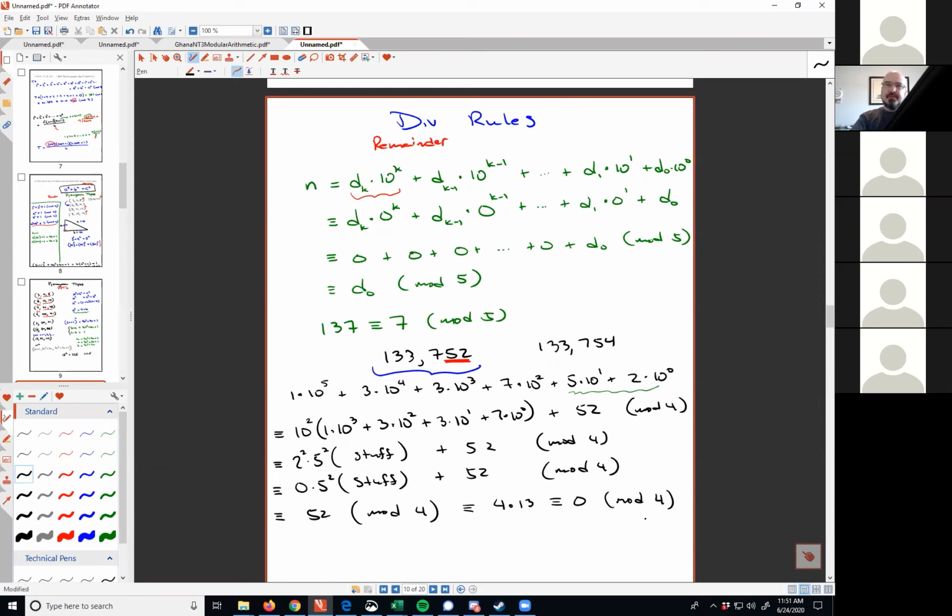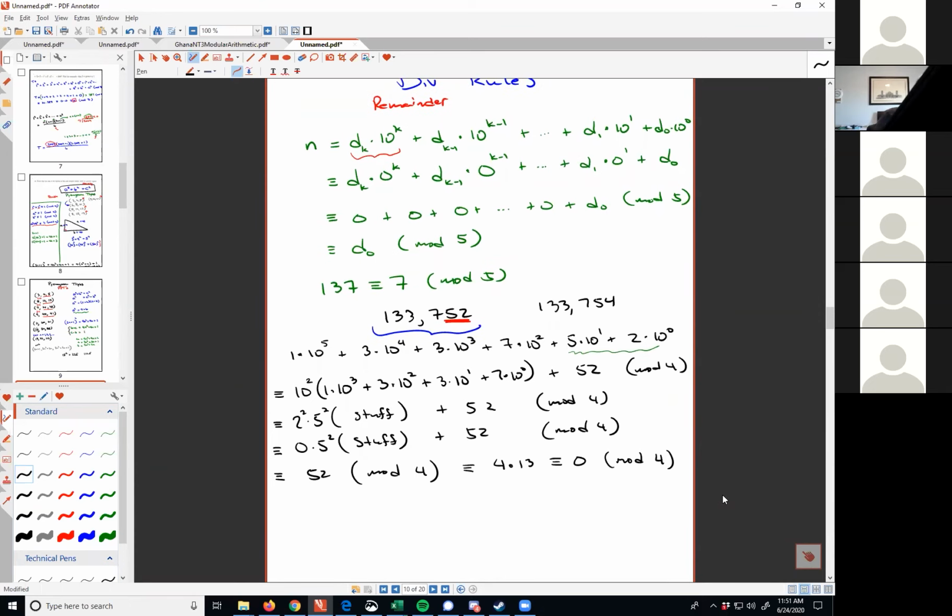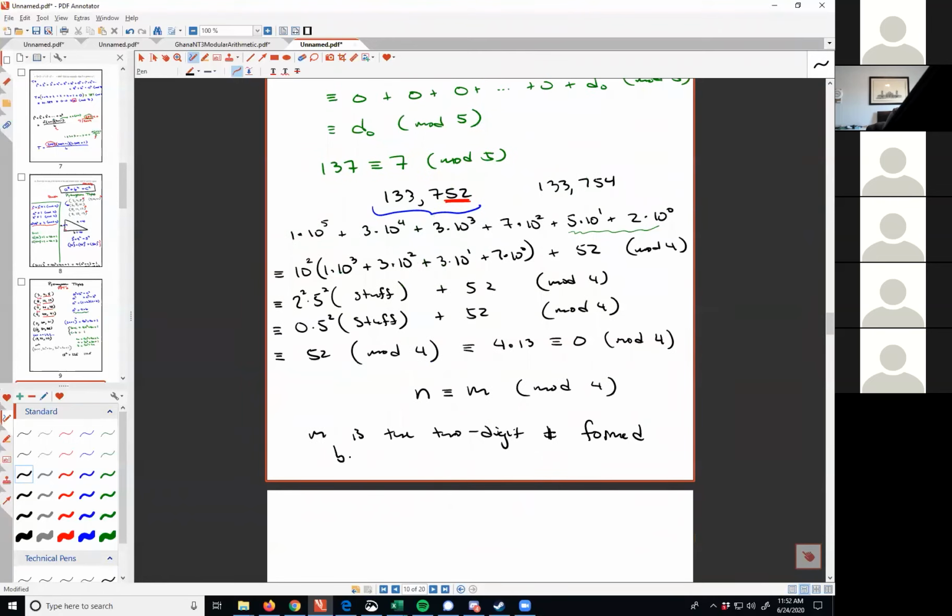What we've proved here, or what we would prove if we wrote this out more generally, is that an integer is congruent to, let's say that m is the two-digit number formed by the last two digits of n.